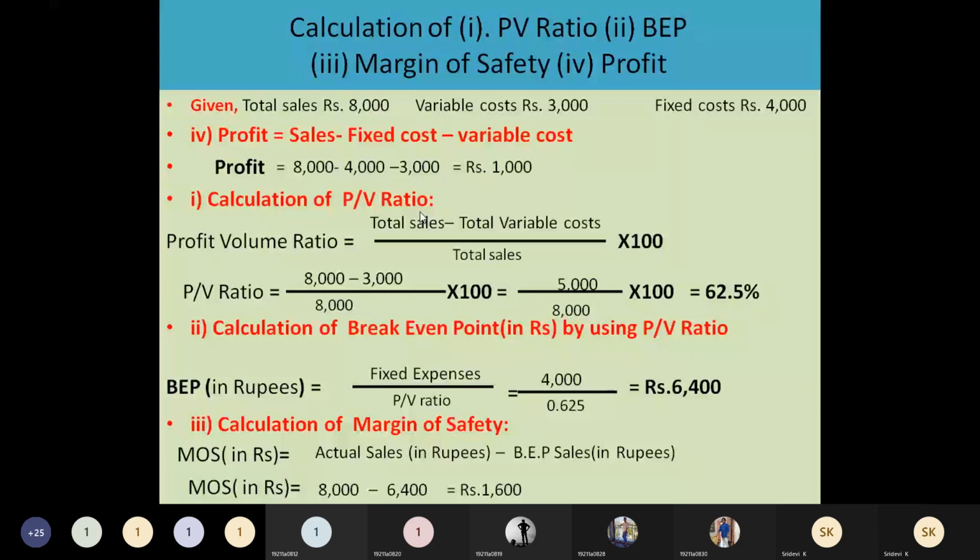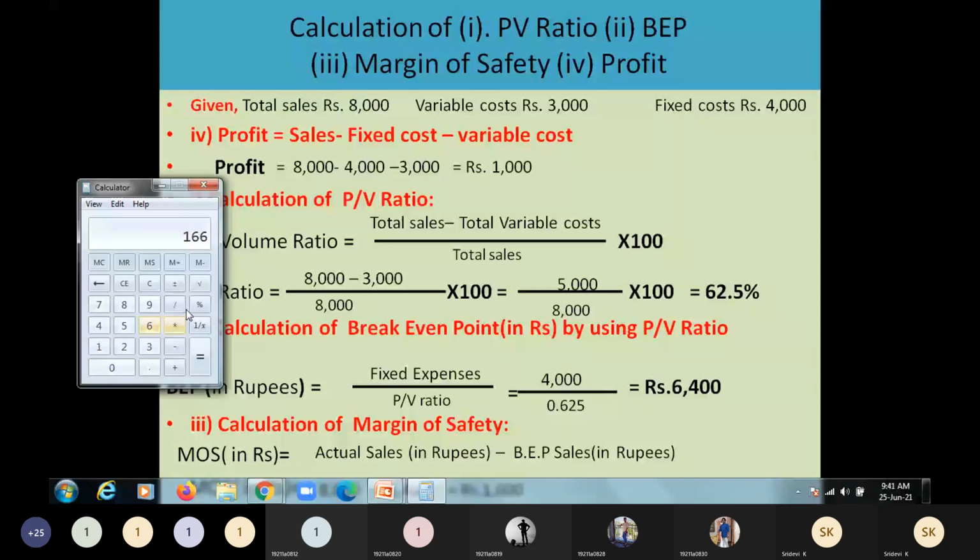How much will you get? 1,600 into 0.625 will give you 1,000 rupees.